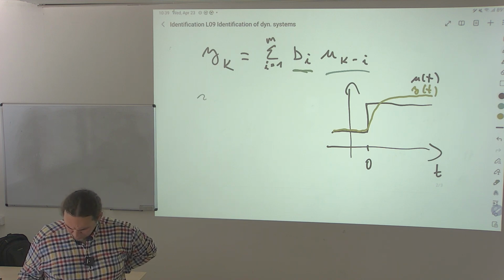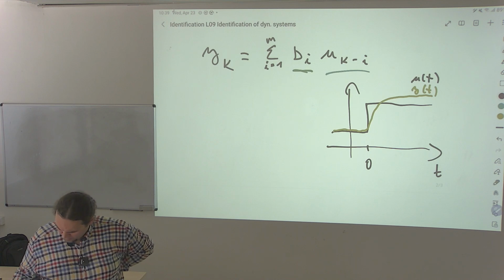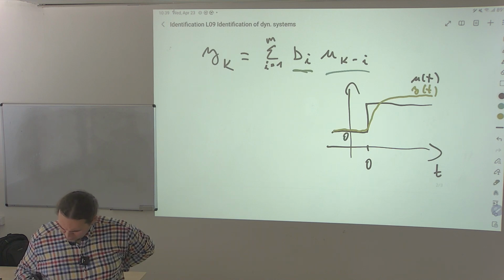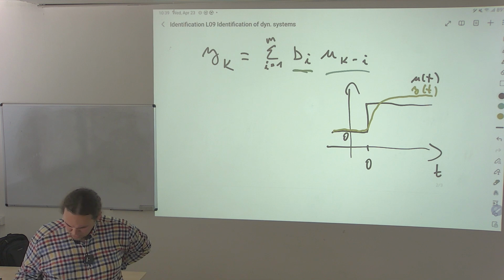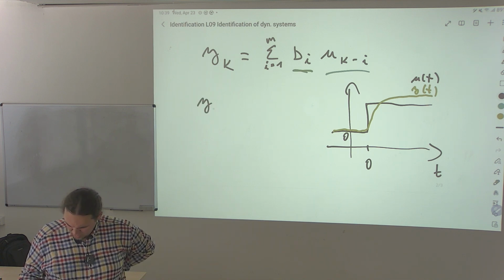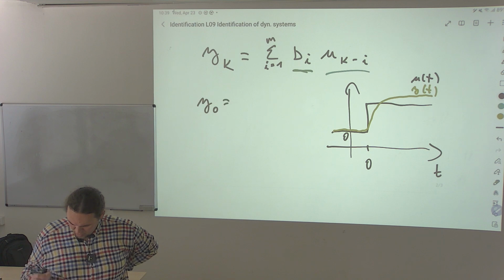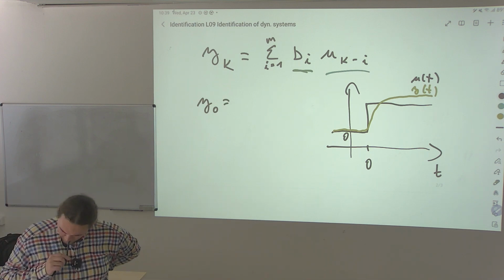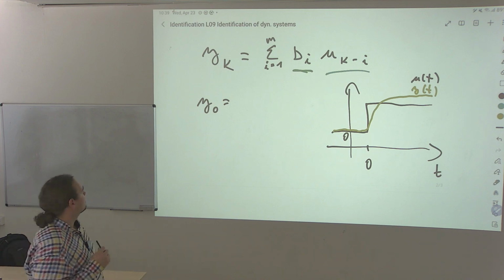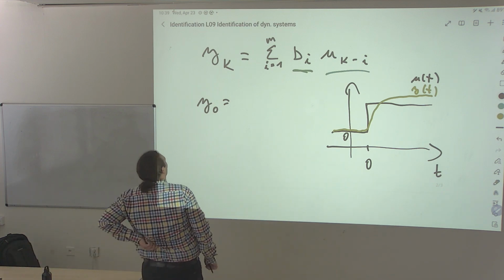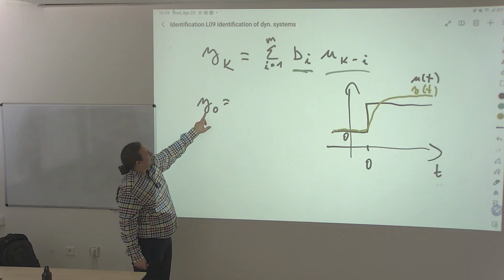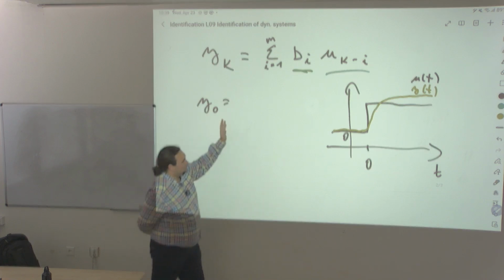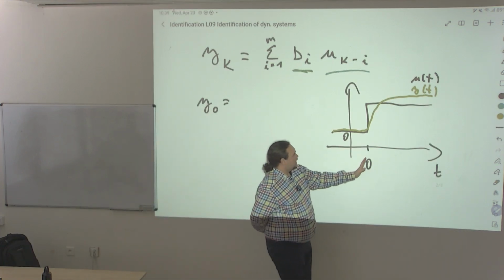This is of course 0 here. So what can we say or predict about the output at time 0?